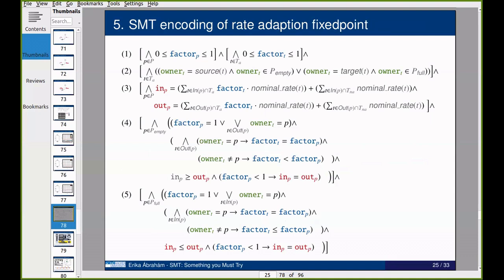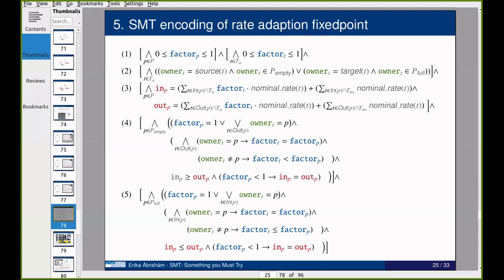to express the factors, this percentage, how much percentage of its nominal capacity a place has, which is always between 0 and 1. Then we need to express if there's a restriction on a capacity, and who has put this restriction, because only that item can also relax the restrictions.